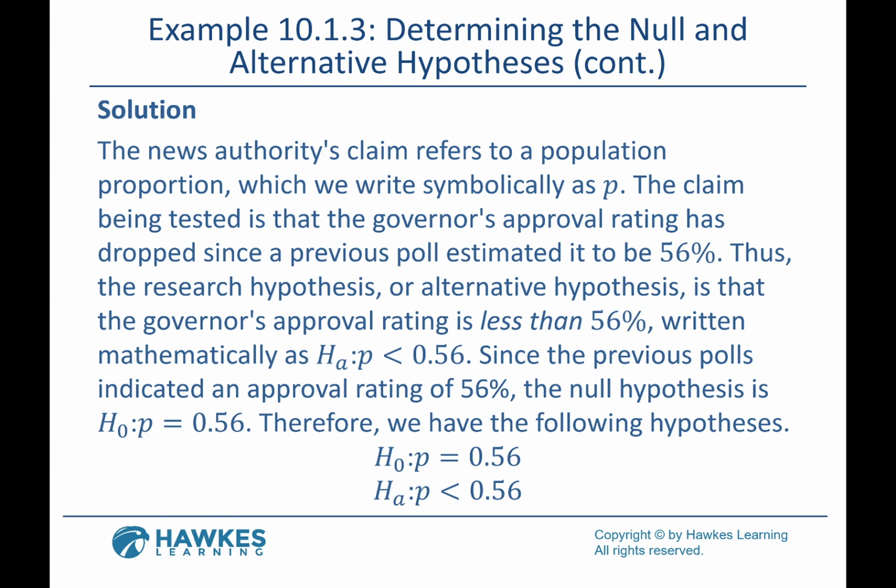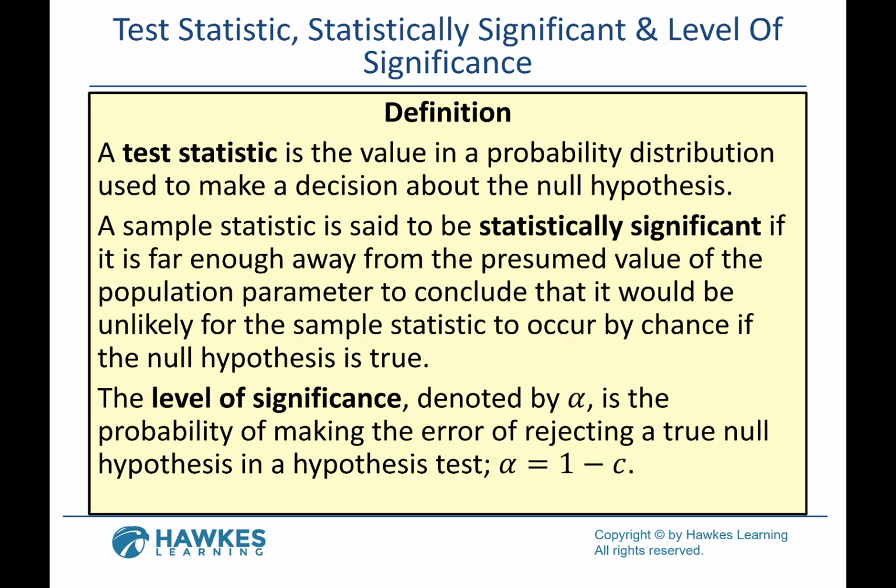We'll come back to that slide. Then we would collect data and use our data to calculate something called a test statistic. And that number, that test statistic, is what we end up using to make our decision about the null hypothesis.